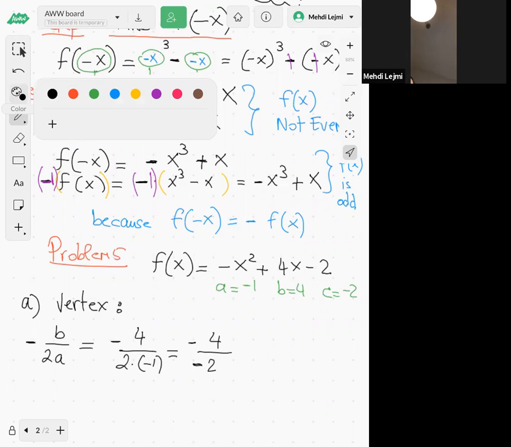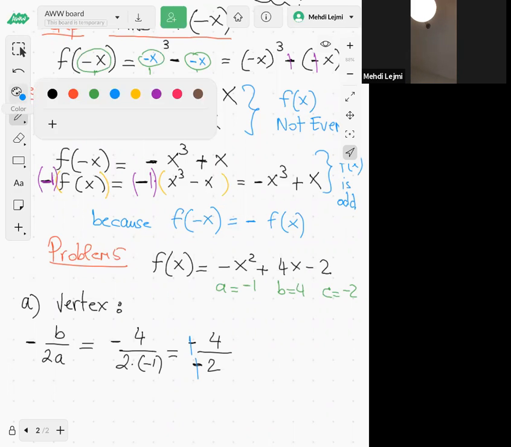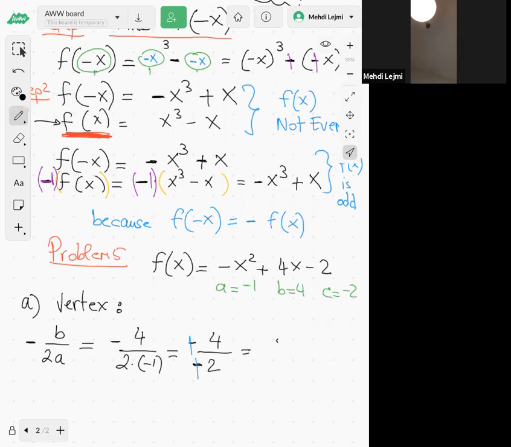Negative over negative is positive, so 4 over 2 is positive 2. That's the x coordinate of the vertex. Now we have to find the y coordinate, the output. By x coordinate I mean the input. So the input is 2, the output.